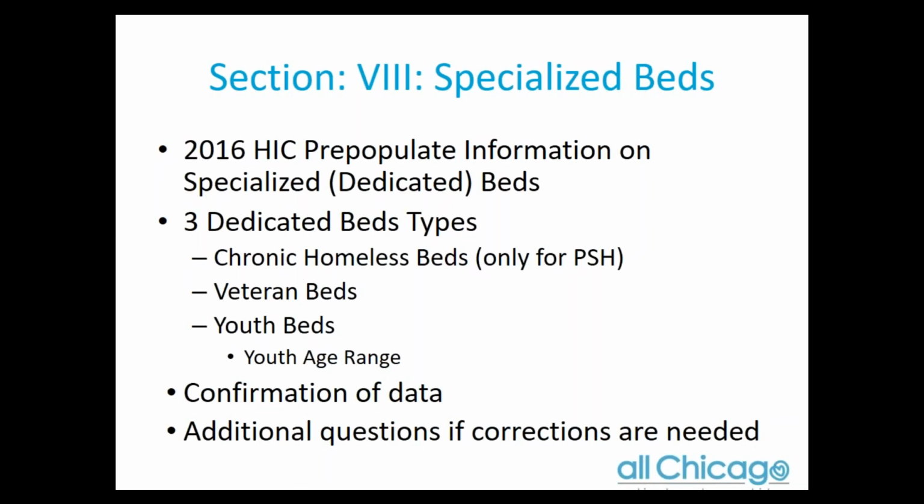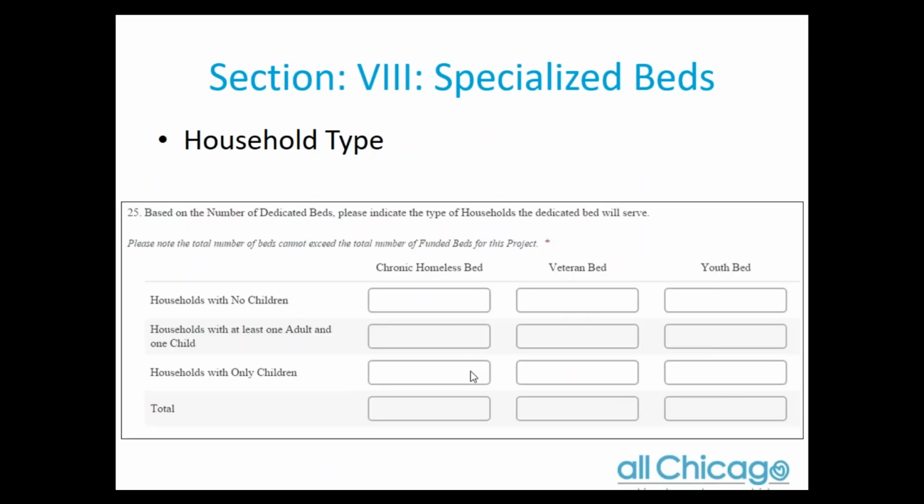For all my SSVF programs, you should indicate those veteran beds. And for my rapid rehousing programs, if you have chronic homeless dedicated beds, you would have to indicate those here. If you do have any of these specialized beds, you'll get a chart similar to the total beds chart.